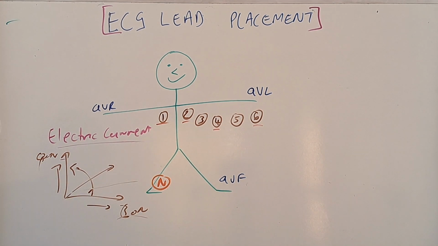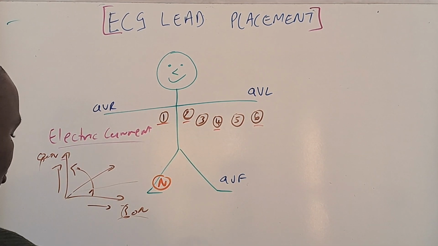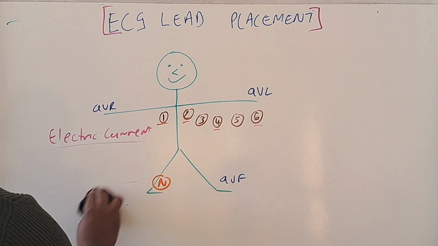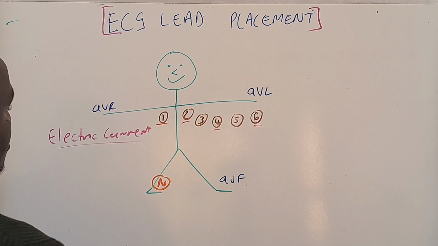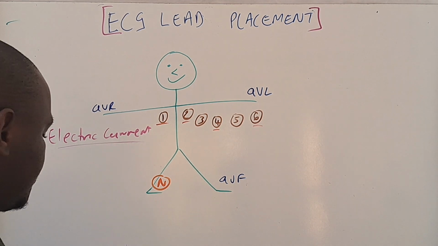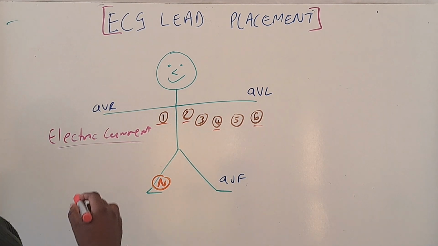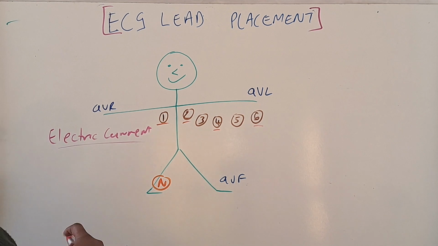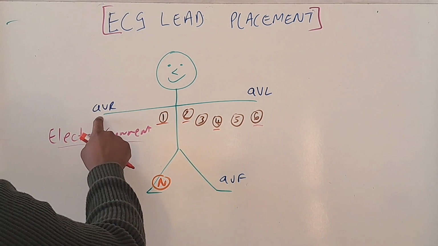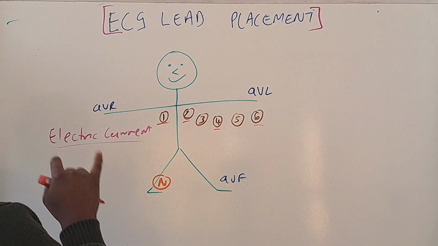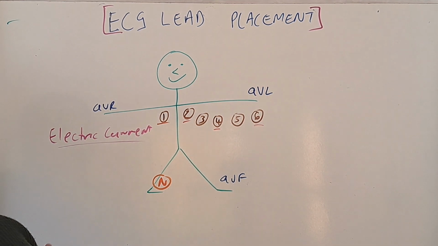So now that we have that, I want to bring that to the ECG. This is how I like to imagine it. Between these two leads, AVR and AVL, those leads are picking up the electrical current or the action potentials.